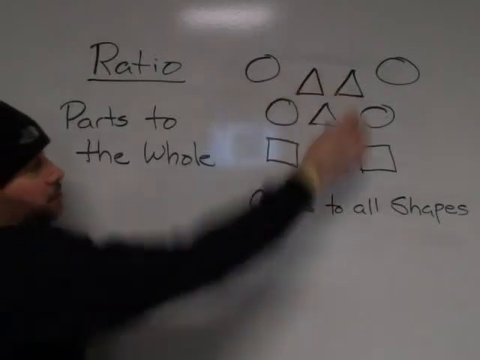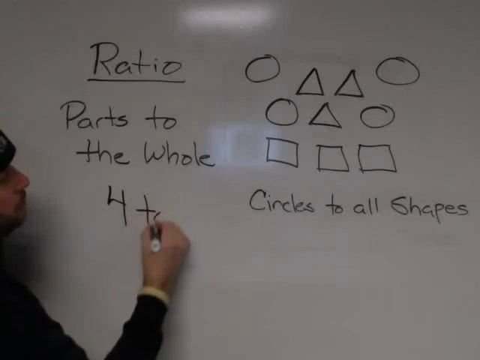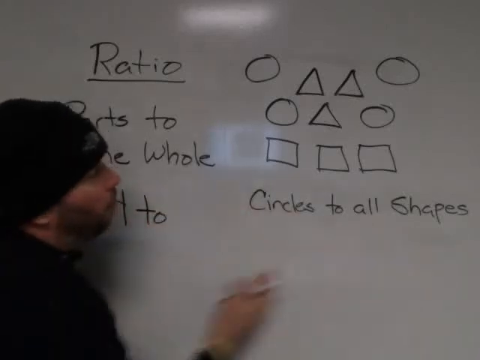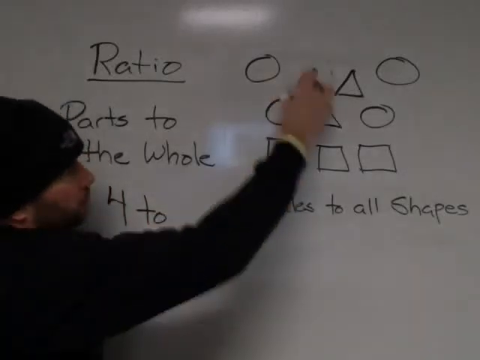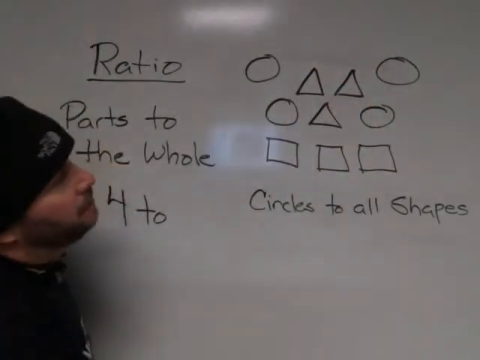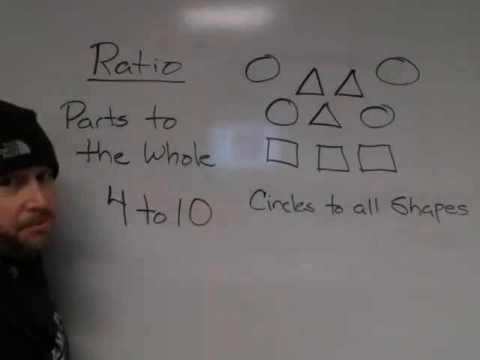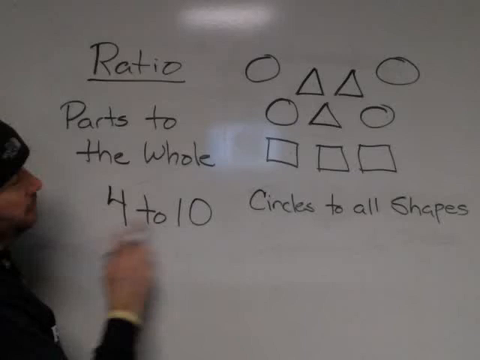Okay, we have our circles. There are 4 circles to the total of all shapes. 1, 2, 3, 4, 5, 6, 7, 8, 9, 10. Okay, it would be a 4 to 10 ratio. Okay, this is a parts to the whole.